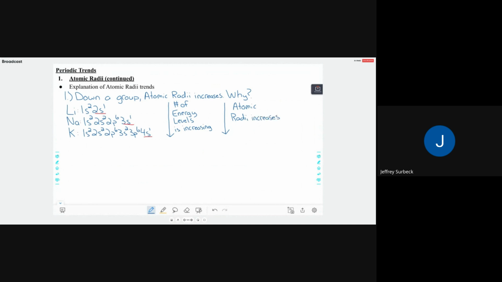Now, let's look at our second trend that was listed just before, and that is left to right across one period, your atomic radius is decreasing.